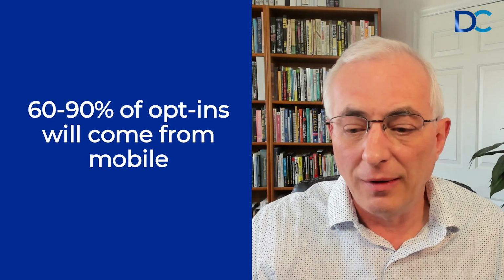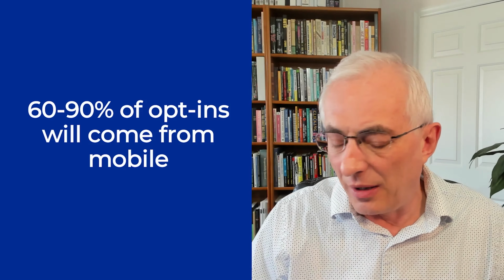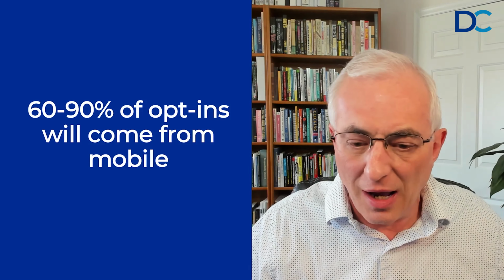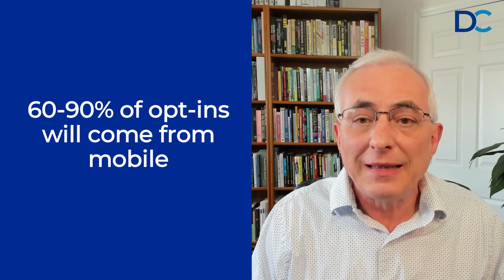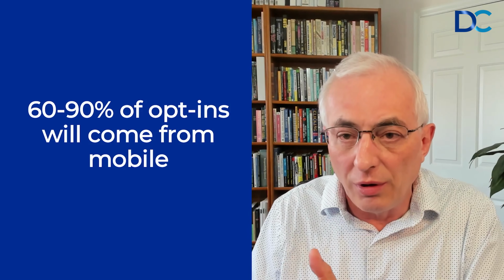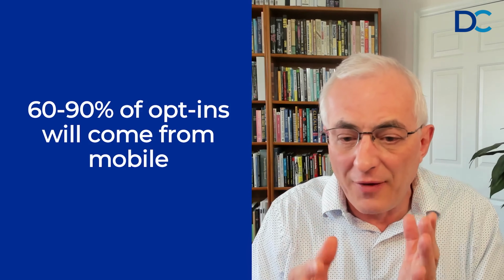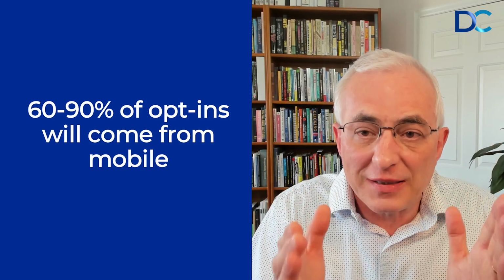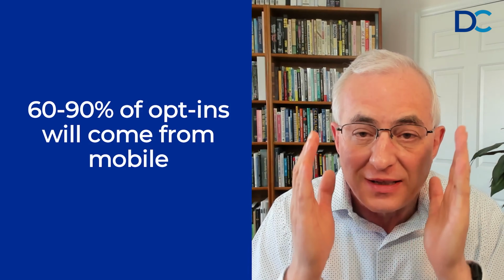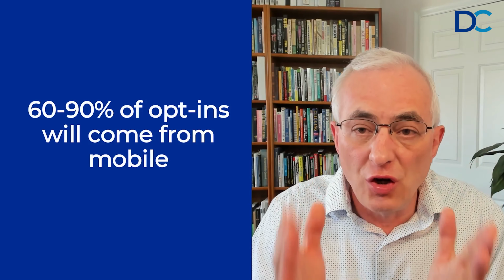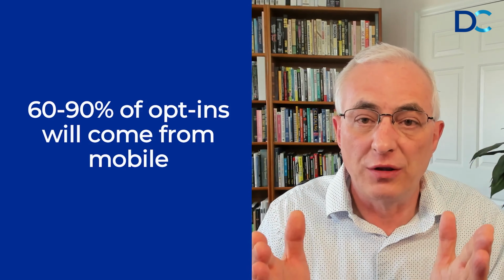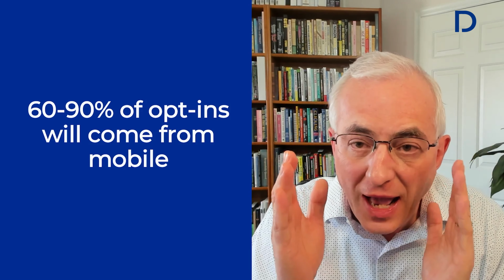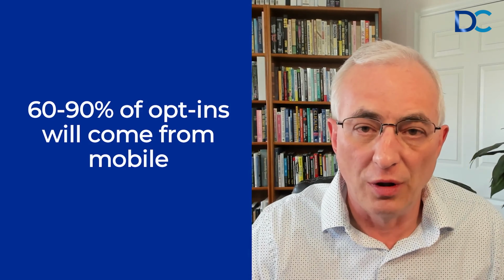You can no longer just do a page on a desktop and hope it works on mobile. You need to understand your tool that you're using to build this in will have an option that enables you to see it in mobile, and it will enable you to fix that mobile page so that it can work. If it doesn't, change your page development tool. This is an absolute must in today's world.